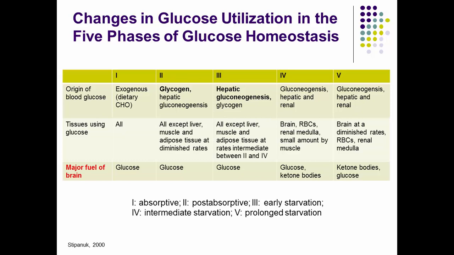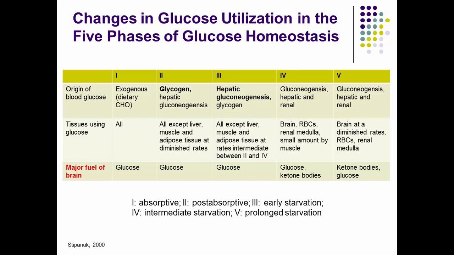And in phase 4, gluconeogenesis is very important, even more important than in phase 3 in terms of the glucose source. And here the kidney also starts becoming an important source of glucose, of gluconeogenesis.